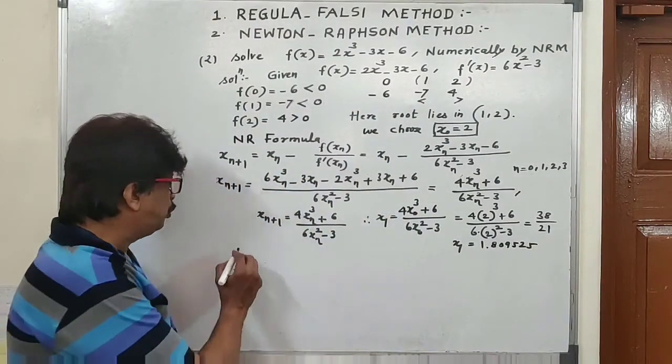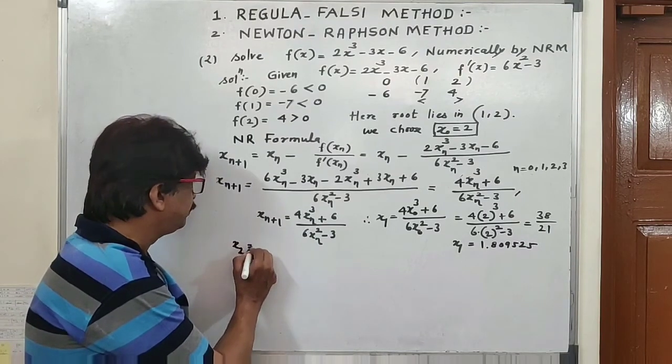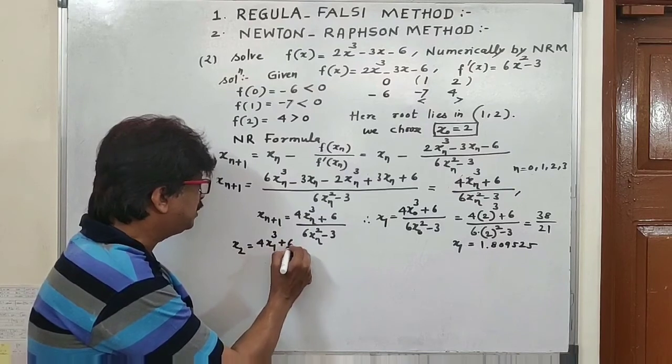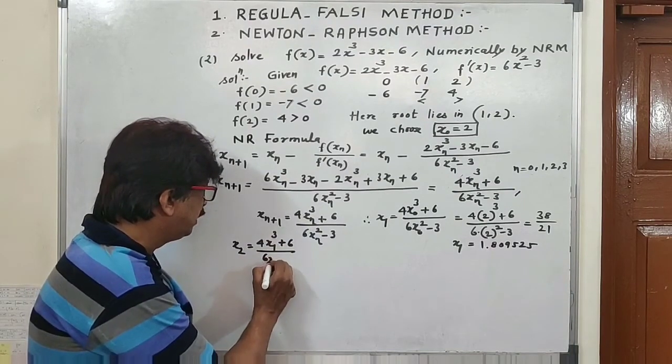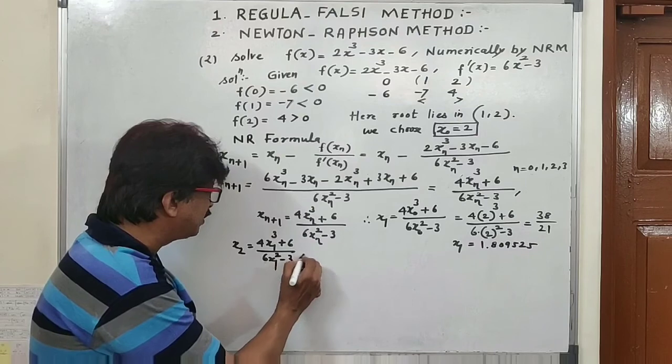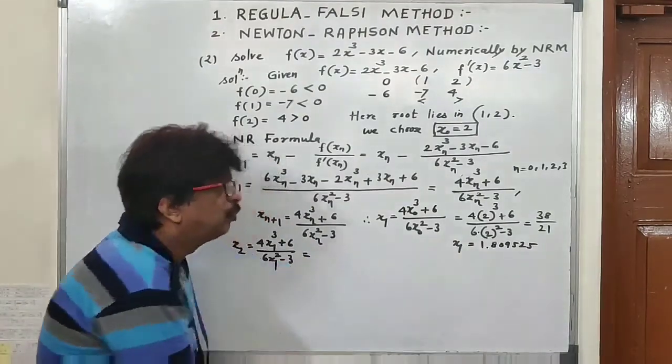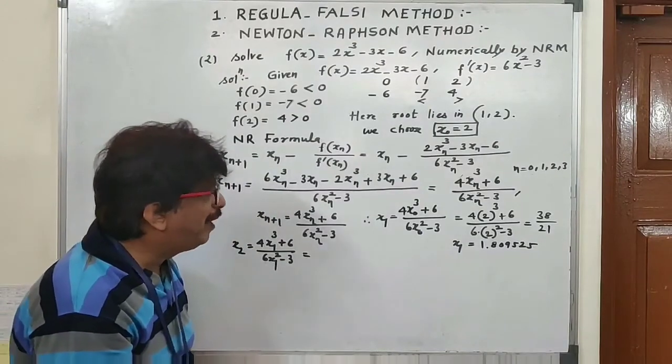Now find out the value of x₂. x₂ = (4x₁³ + 6)/(6x₁² − 3). Now in this formula, put x₁ as 1.809525.